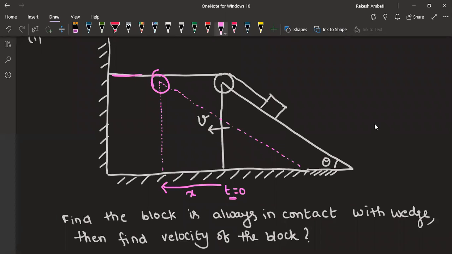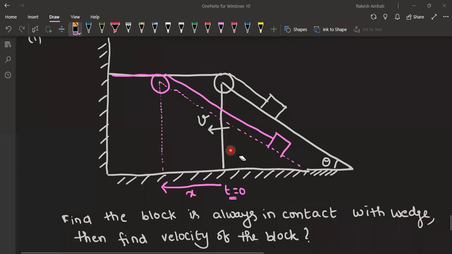Now here, this is the string and this is the block. Please answer: if the wedge is moving to the left side, will this block move down the inclined plane or up the inclined plane?